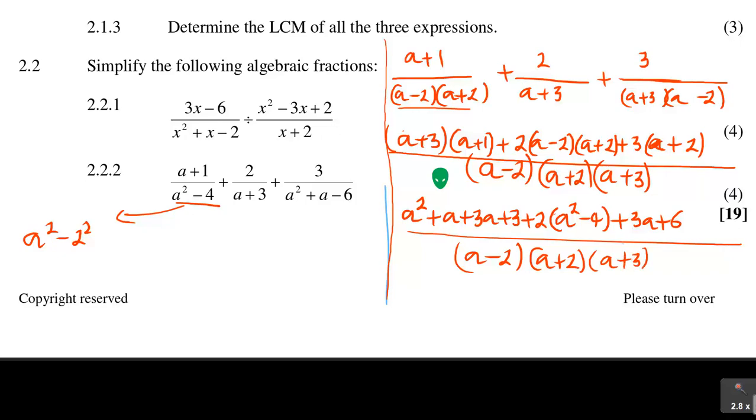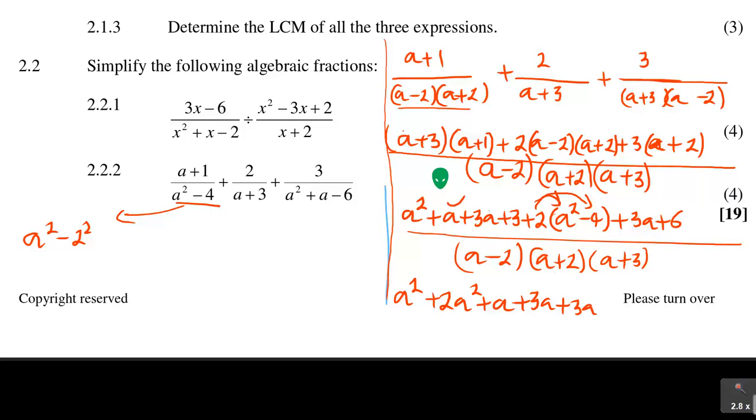and a plus 3. Then after that, you continue to open that 2, so it is a squared. Now you will open that and you will open that, so it will be 2a squared, collect like terms, which is 2a squared, and then that's all on the a squared, then plus a plus 3a, and then plus 3a.